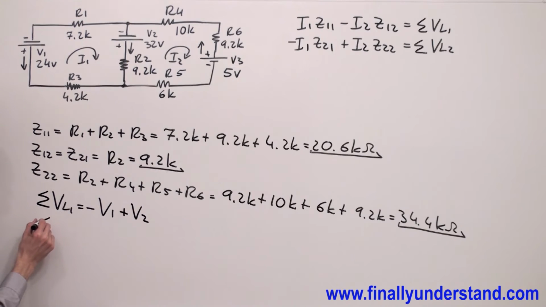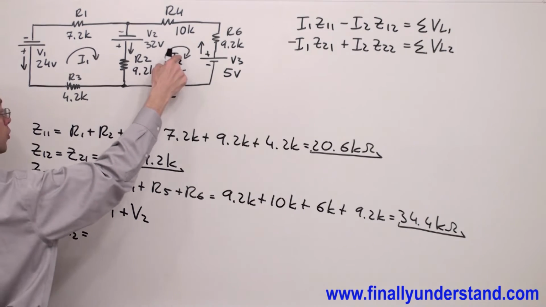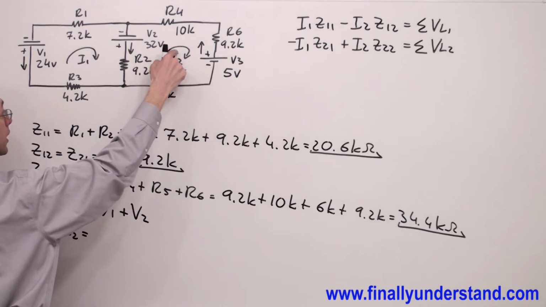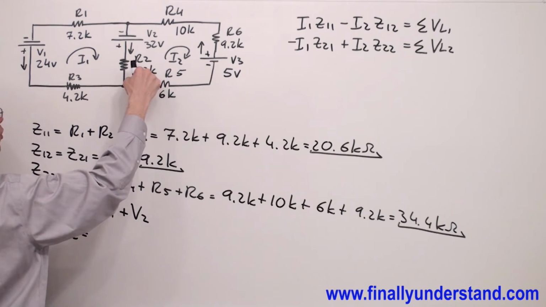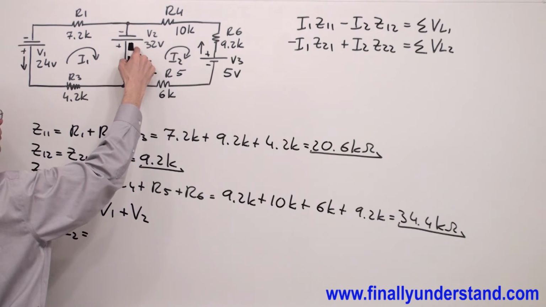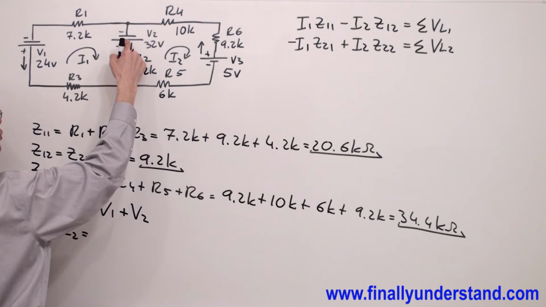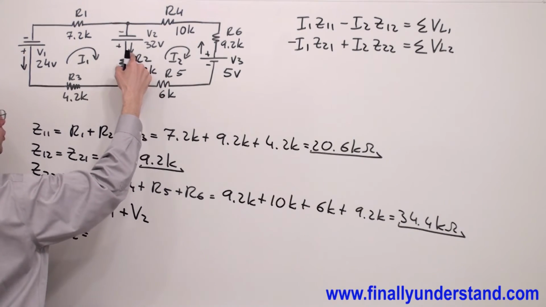Let's take a look at the second one. Sum of the voltages in loop 2 is equal. Look at the direction of the loop current. This current is going to oppose my V2 current, the current which is pushed by the voltage source V2. They are going to oppose each other.